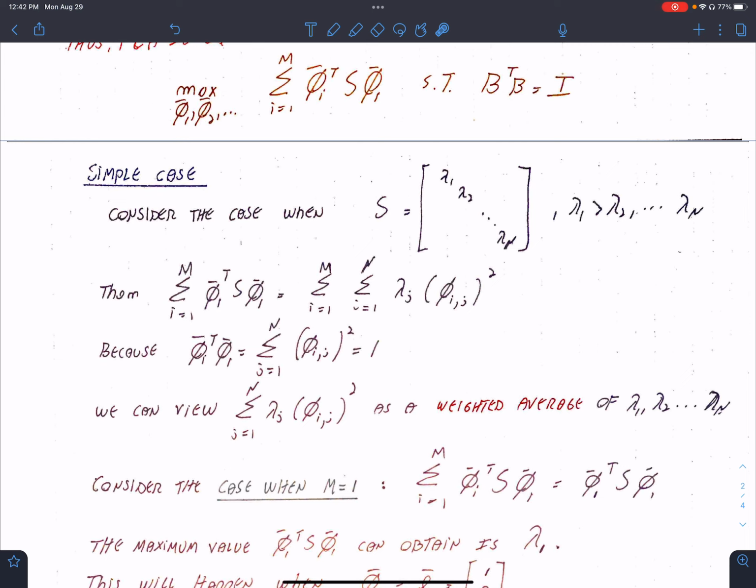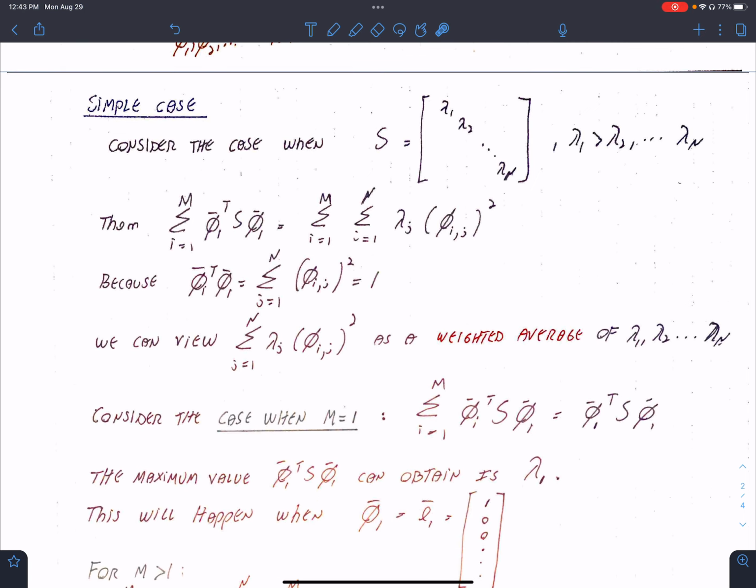So, which means that if I'm summing, and they're all positive weights, the largest is, keeping in mind that I'm trying to optimize with respect to the phi's.